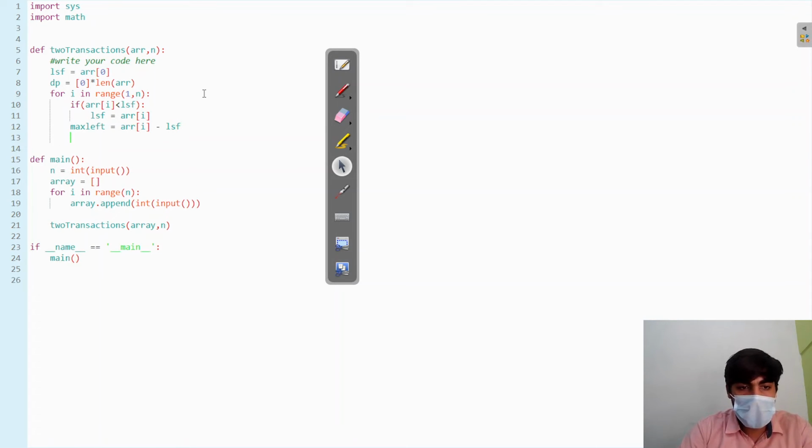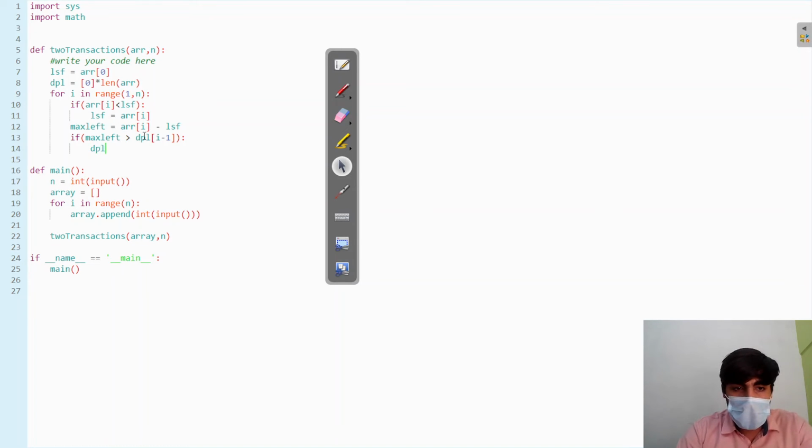Here I am checking if today max left is greater than, I am taking it dp of left because we are moving from left to right. So dpl at I minus 1 from previous value.